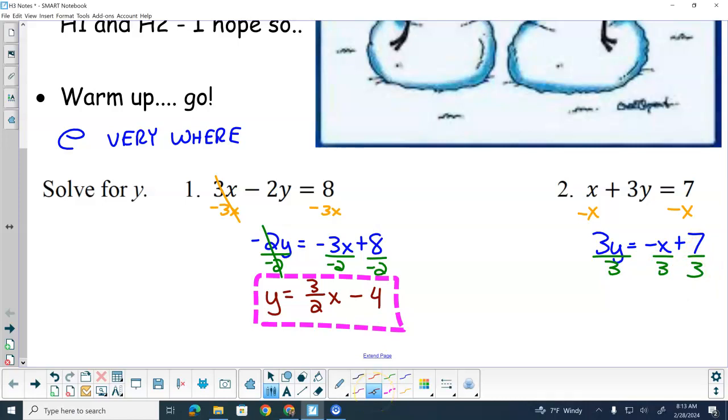Y equals. Okay, what do we got next? Would it help if I put a 1 there?